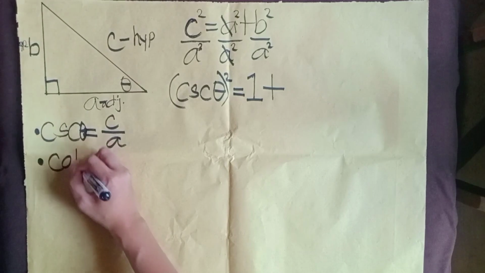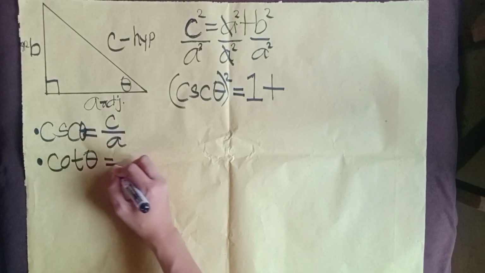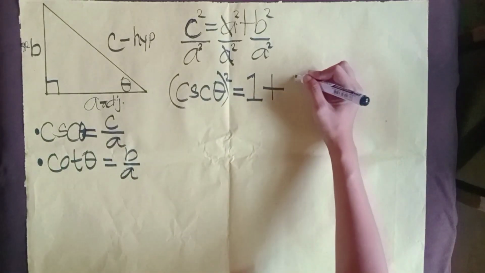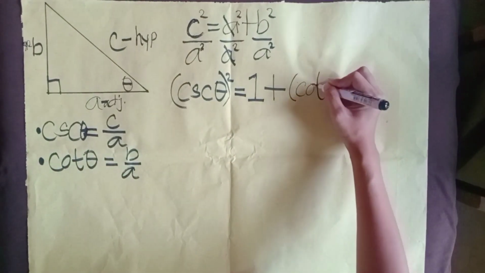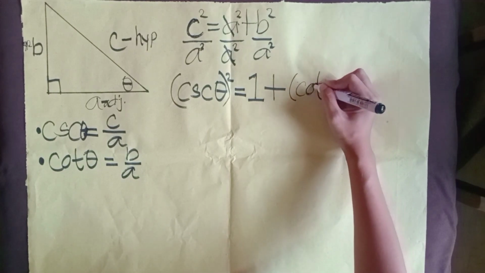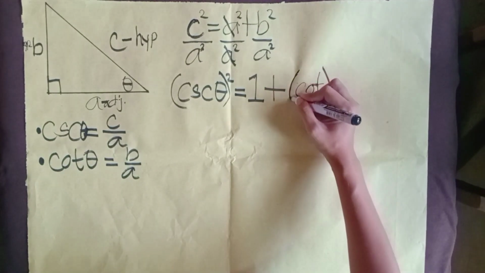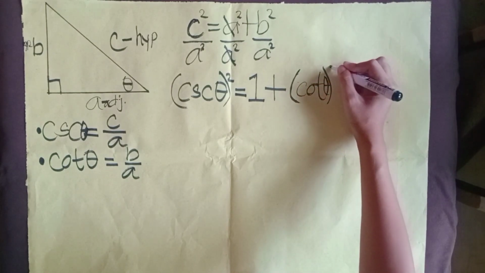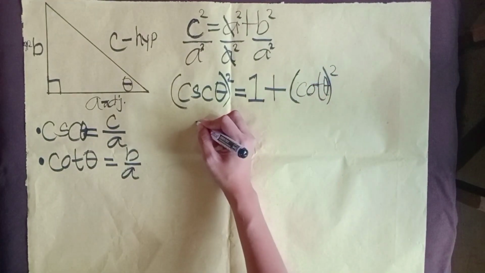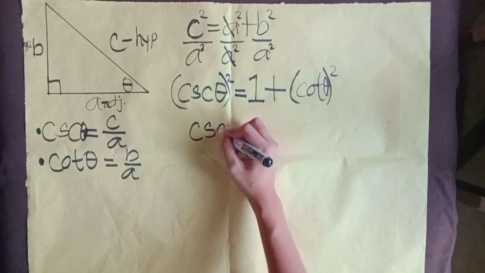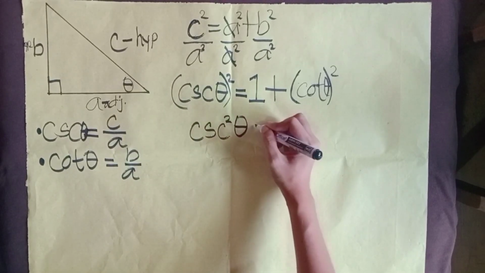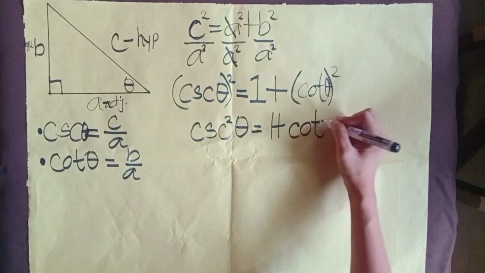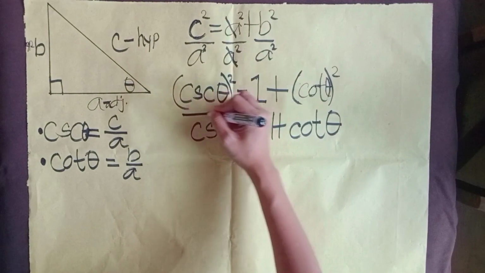So that is cotangent theta equals B over A. So B over A, that is cotangent theta squared. Therefore, we have the relation cosecant squared theta equals 1 plus cotangent squared theta.